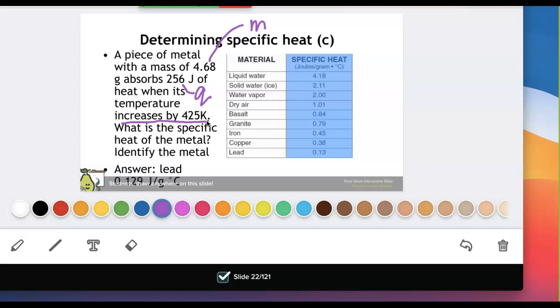The two examples I gave you had an initial temperature and a final. That is because this word, increases by, is telling you that 425 is delta T. And it says, what is the specific heat? So specific heat is C of the metal. And then I give you the chart and you're asked to identify the metal.